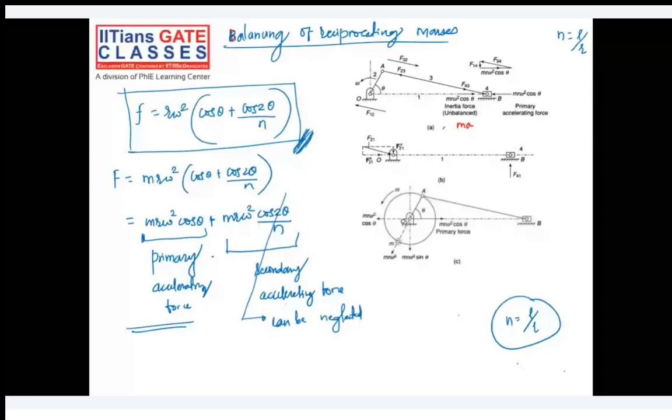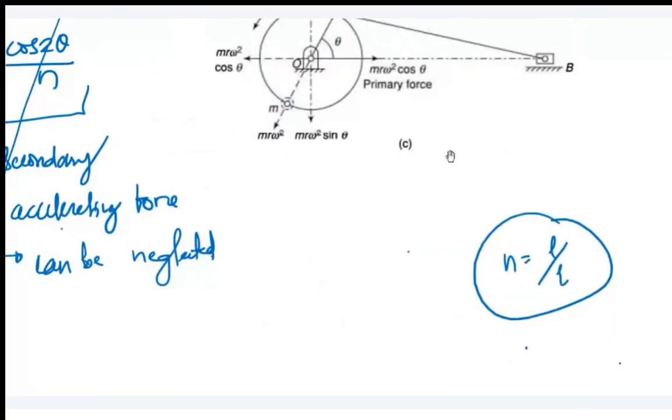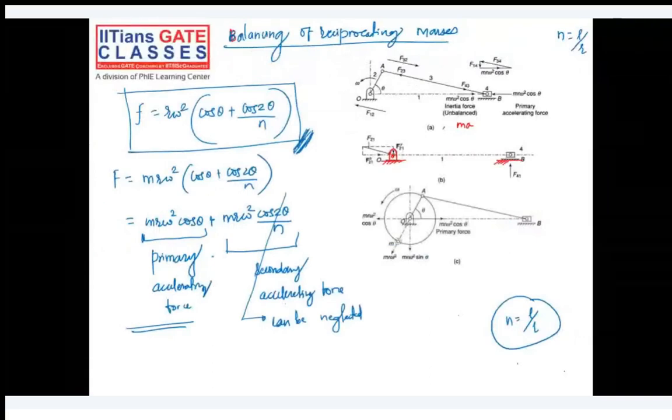The engine frame consists of the crankshaft bearing, and the guide ways. I'm using the red pen to highlight it. The engine frame consists of the main bearing on which you are rotating the crank, or basically the crank pin, and the guide ways.